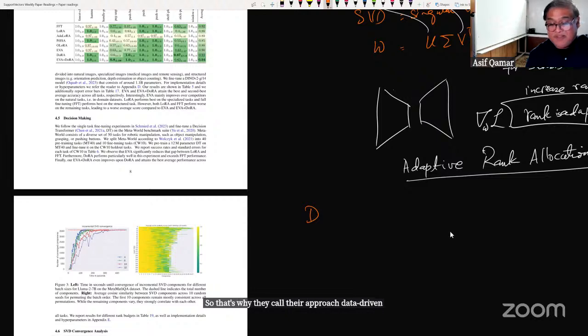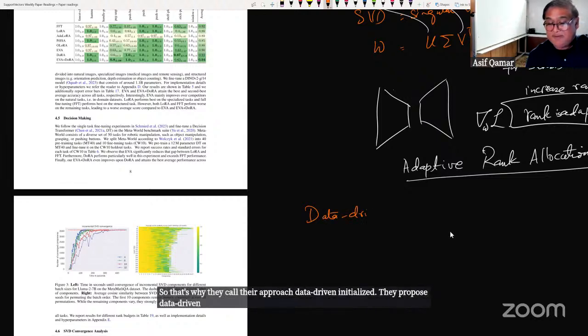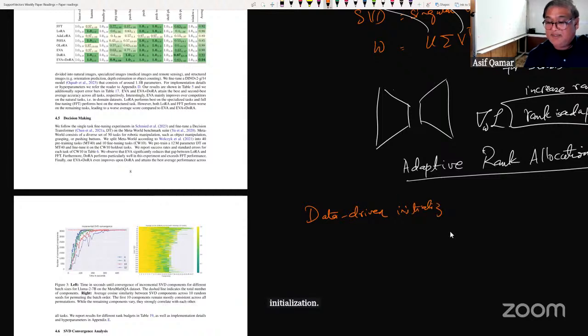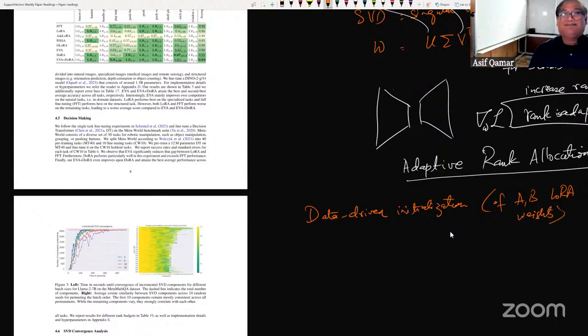They propose data-driven initialization. But initialization of what? Of the A and B matrix weights, right? Data-driven initialization. Now, what in the world can that mean?